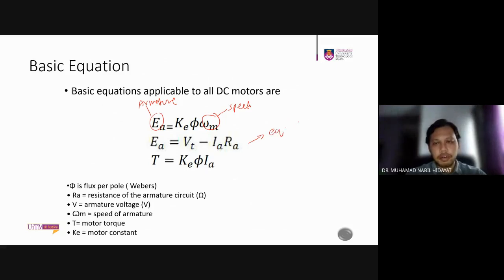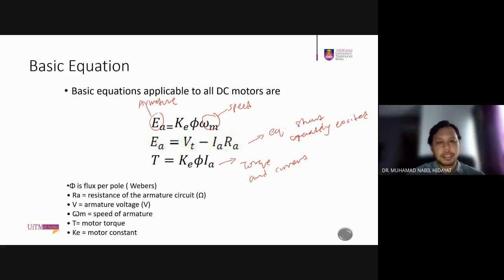This is for shunt and separately excited motors. If you have a series motor, you'll be using a different equation. And this is your torque relationship with current: T equals KE flux times the armature current, not input current.